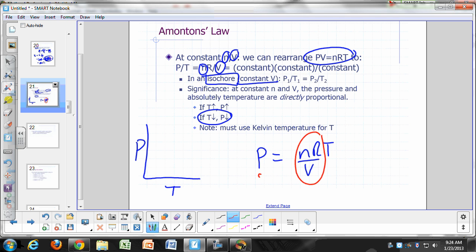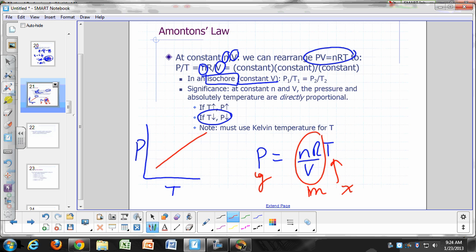Pressure is my Y. Temperature is my X. What's my slope? nR over V. That's your slope. Now, is that going to be a positive slope, negative slope, or 0? Volume is always positive. Number of moles is always positive. R is a positive constant, so it's going to give you a positive slope. Now, what if I maintain the same volume and have more moles of gas? What would happen to my slope?